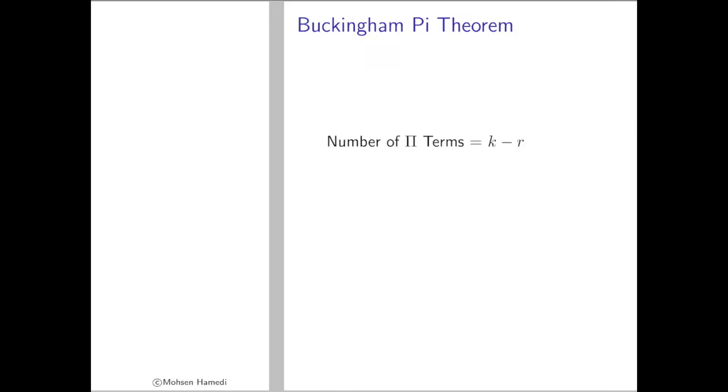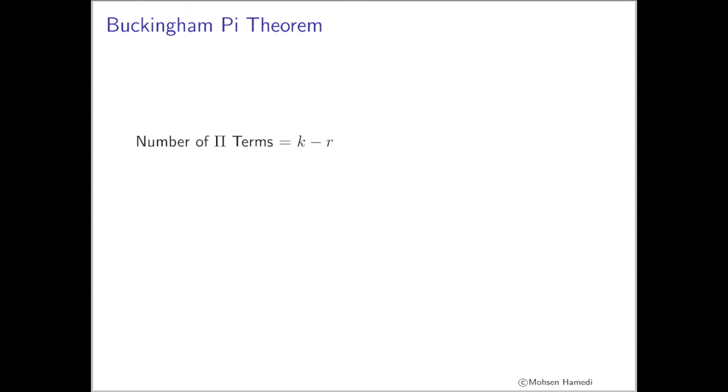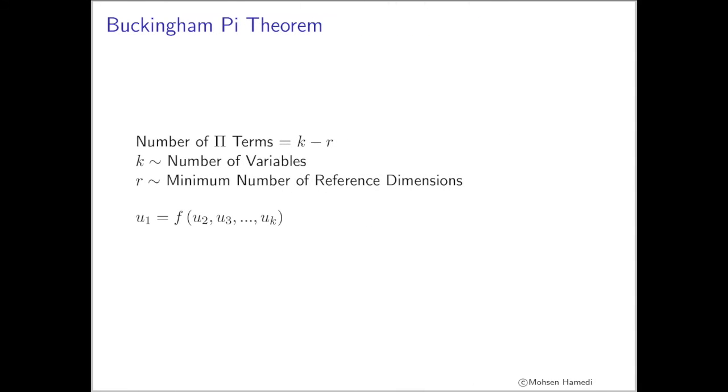If an equation involving k variables is dimensionally homogeneous, it can be reduced to a relationship among k minus r independent dimensionless products where r is the minimum number of reference dimensions required to describe the variables. The dimensionless products are frequently referred to as pi terms, and the theorem is called the Buckingham pi theorem.